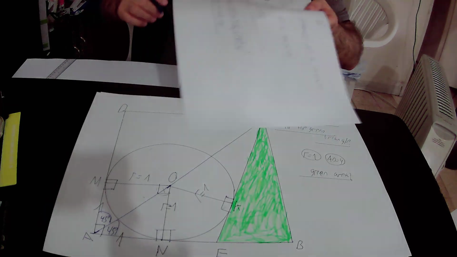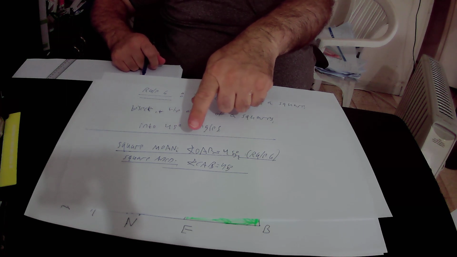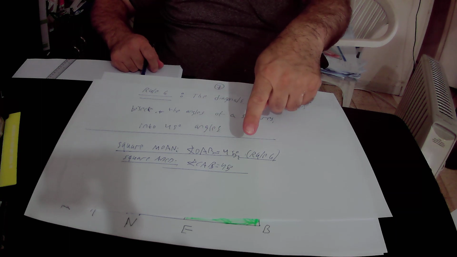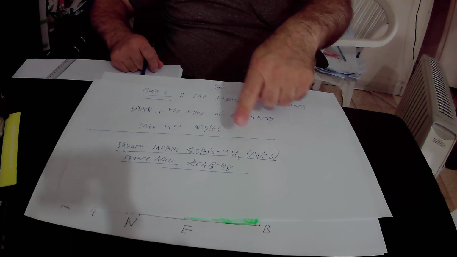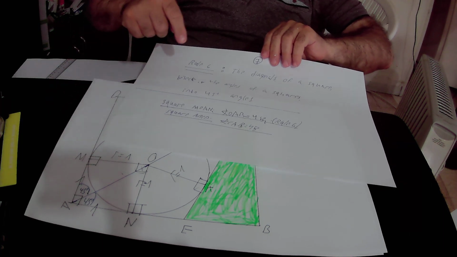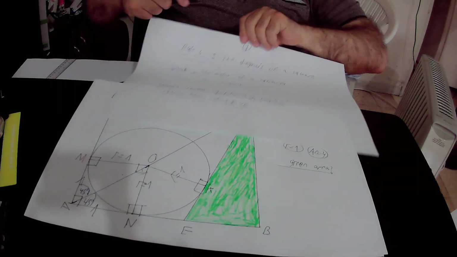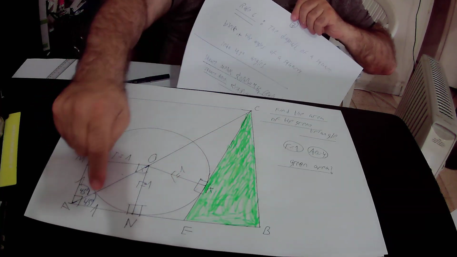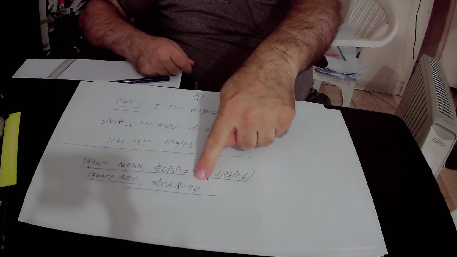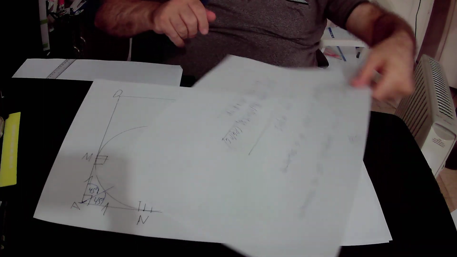I'll repeat again. In square ABCD, the diagonal CA divides this angle into two angles of 45 degrees according to rule number 6. That is to say, angle CAB equals 45 degrees.